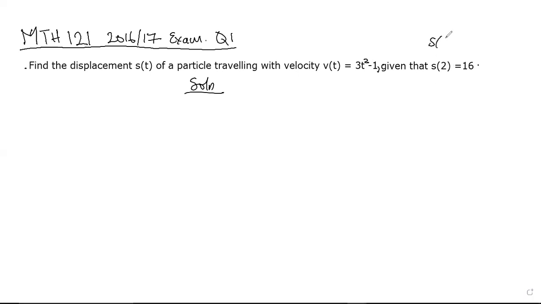Remember, we're talking about s of t, so when they say s of 2, that means t equals 2. So given that at t equals 2, s of t equals 16, that means at the time 2 seconds, the displacement was 16 meters. Having been given that, we are going to solve this.